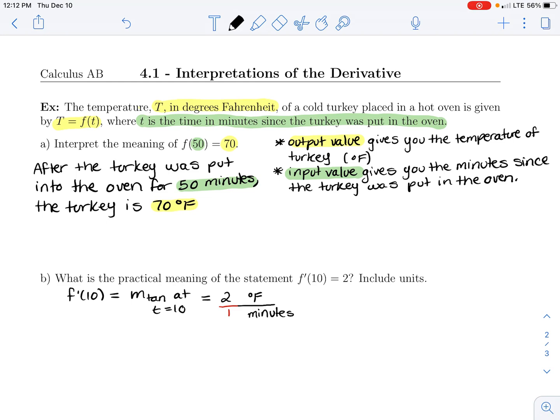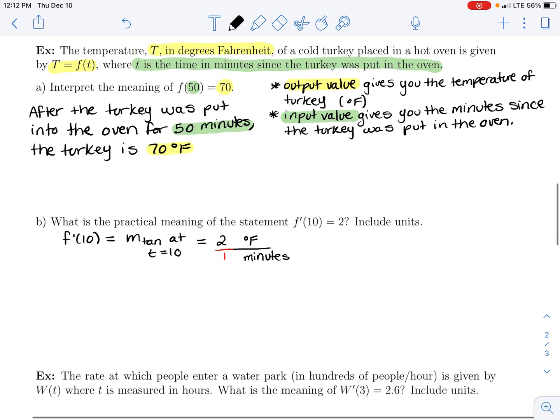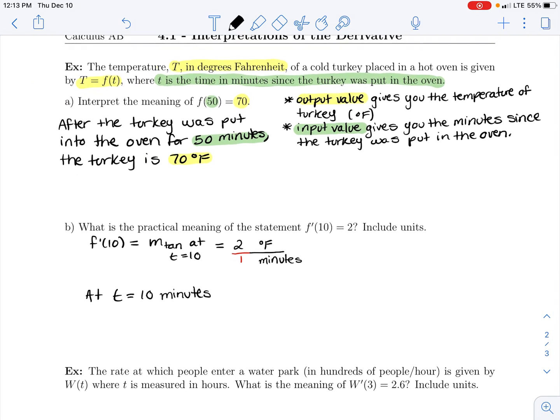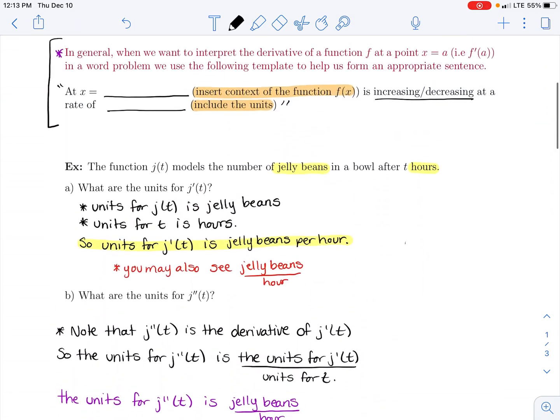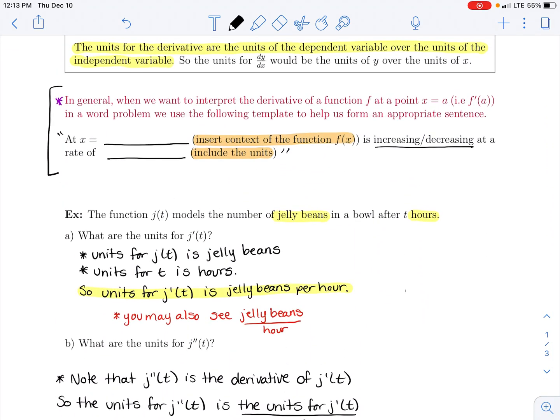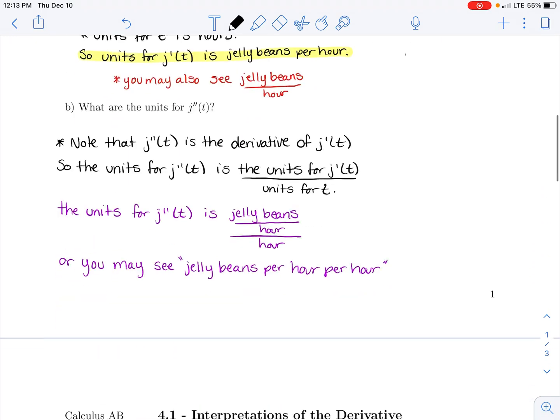So here when I go to write out a sentence, I'm going to say, okay, at t equals 10 minutes, because that's the first part of my general thing. When you go back up and look at the general part, so at x equals whatever, in this case it's t equals 10 minutes, now I need to insert the context of my function.